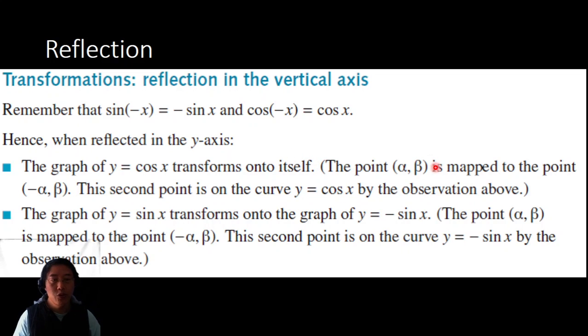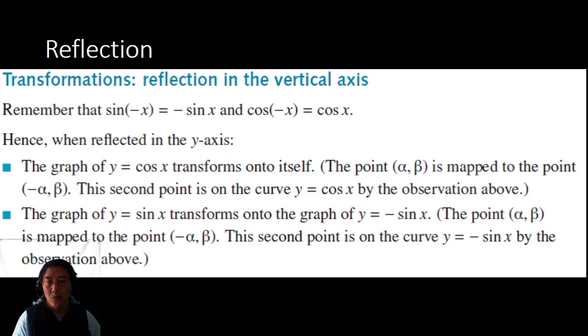So let's say you have a point alpha, beta that belongs to this one. If you substitute alpha with negative alpha into the function, cos of negative alpha is cos of alpha, that will give you the same coordinate. So the beta will be exactly the same.